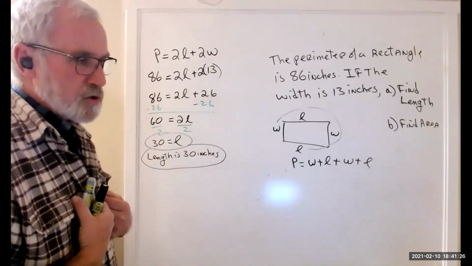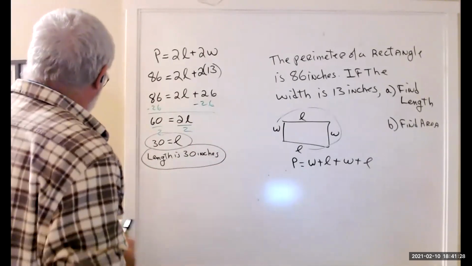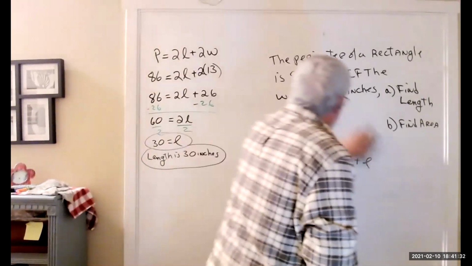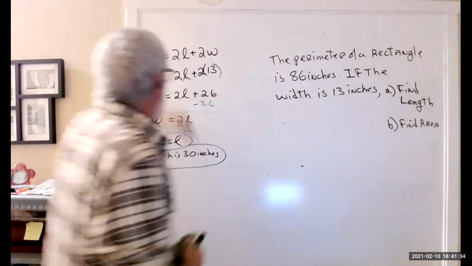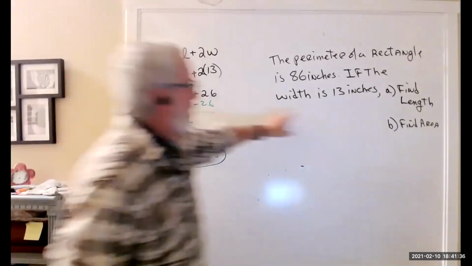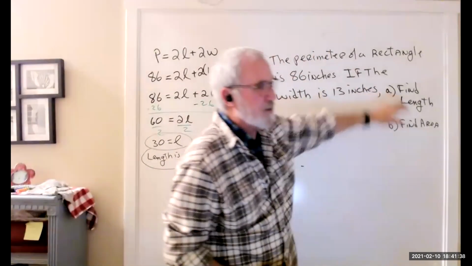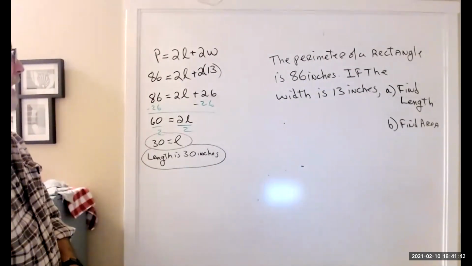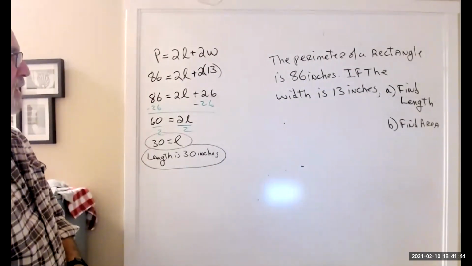So ask the question. It's never dumb, ever. So no questions on the first part of taking this word problem, finding the length? Is that okay? All right. I don't hear anybody yelling.